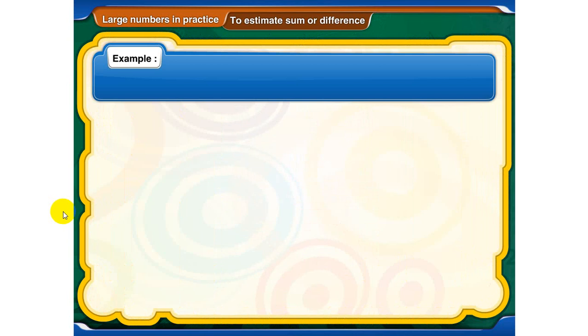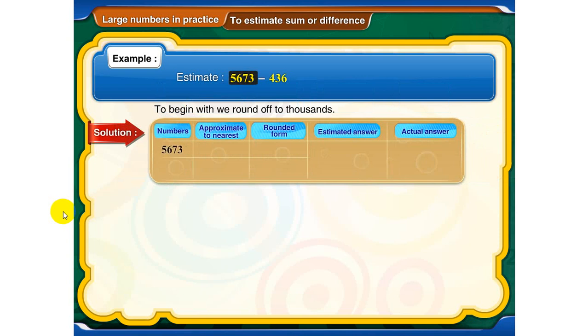Example: estimate 5,673 minus 436. Solution: to begin with, we round off to thousands. 5,673 rounds off to 6,000 and 436 rounds off to 0.